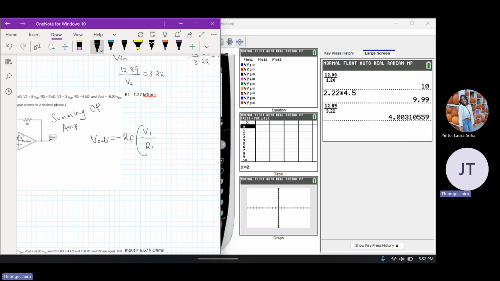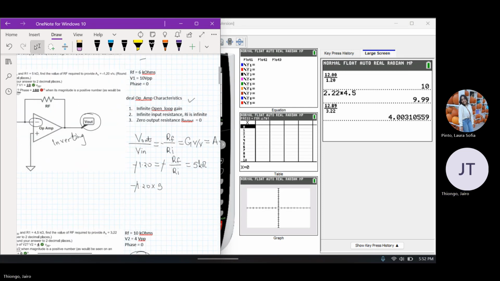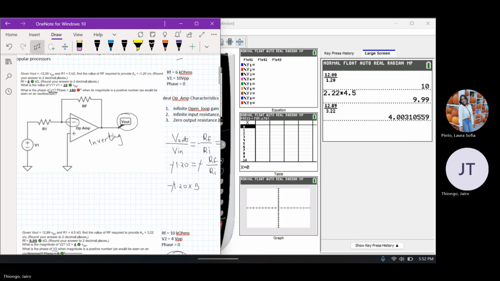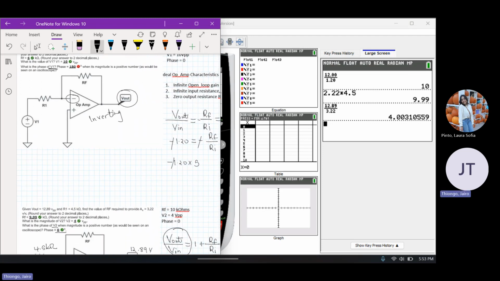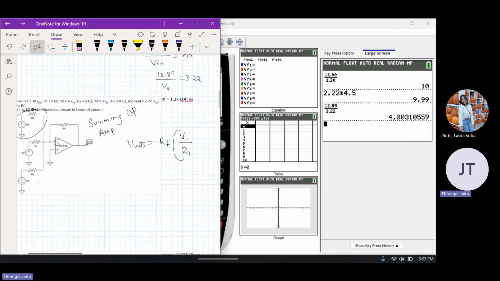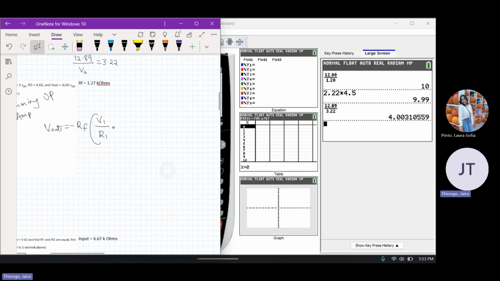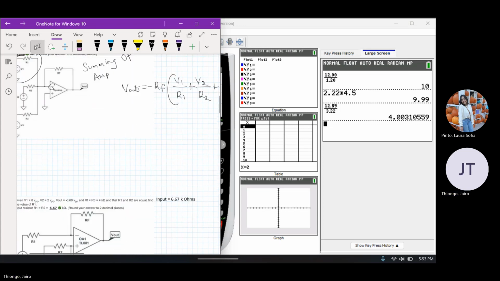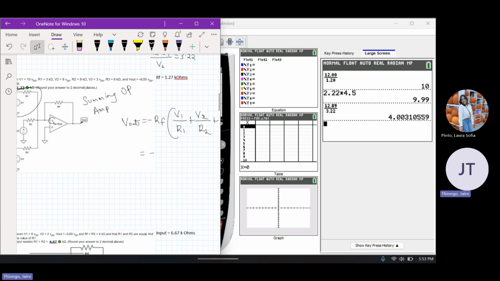From this point, you can see that this formula coincides with the one for the inverting, since you're going to be taking RF over RI times Vin. This is the same as RF V1 over R1, but with a single input. And then it will be plus V2 over R2 plus V3 over R3, and so on. It's as many inputs as you have. So it will be minus RF.